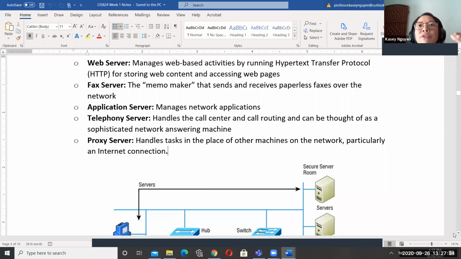Instead of going through the main router, or a main path, you can use it to navigate through the traffic using an alternate route.